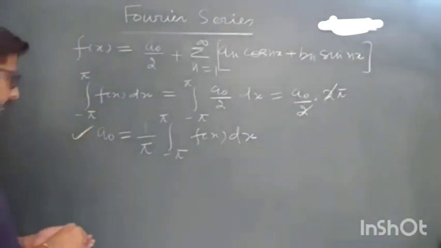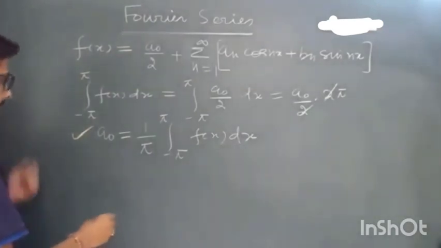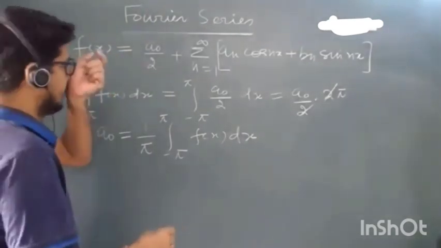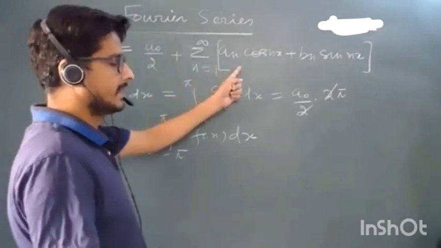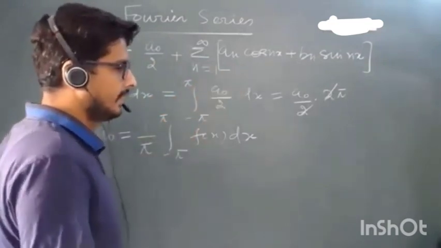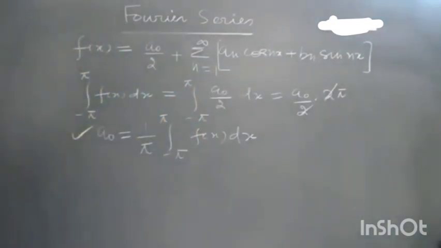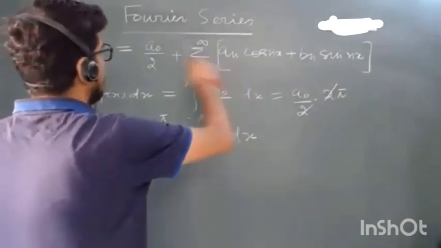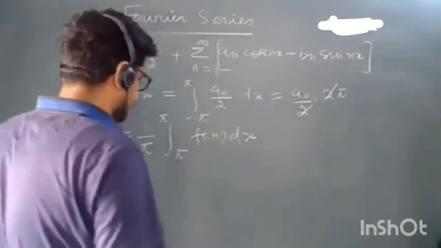And what about the value of a_n? Again we will do the same. This time I want to isolate a_n. I want the value of a_n. So what I will do, I will multiply both sides by cos nx.